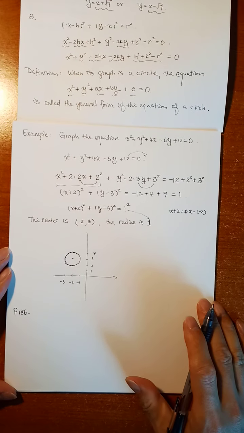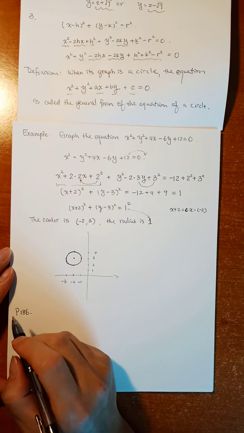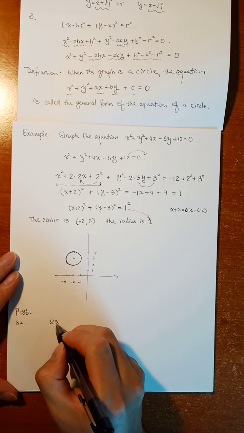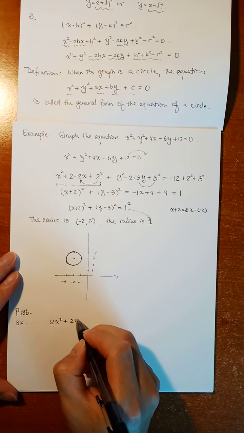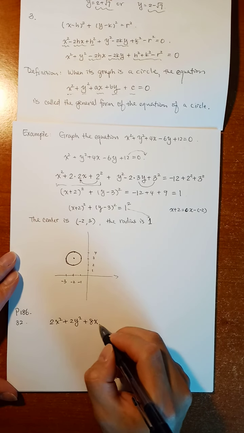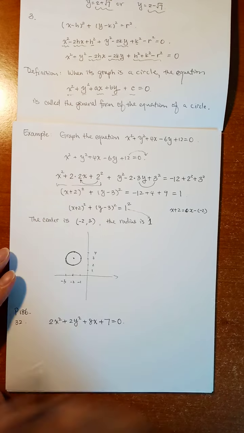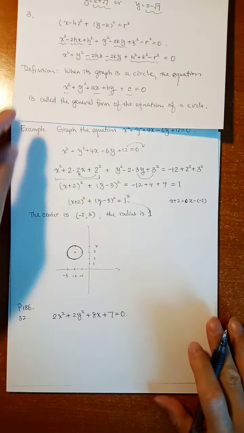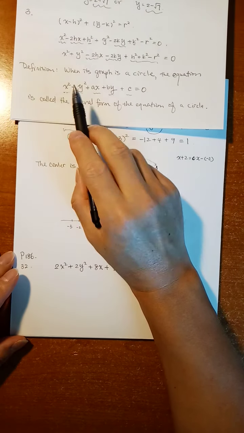On page 186, we have problem 32. 2x squared plus 2y squared plus 8x plus 7 is equal to 0. Okay, this is even more complex than the first one. Be careful.